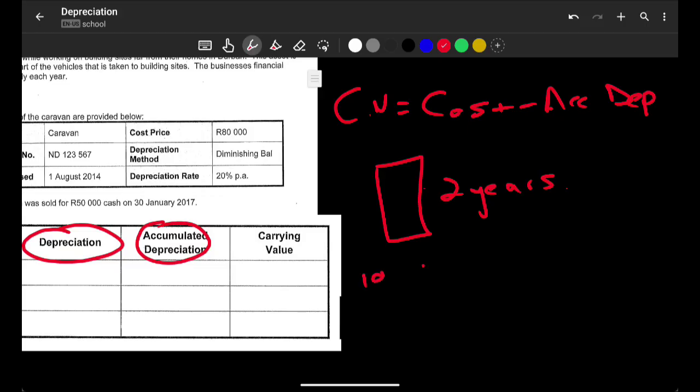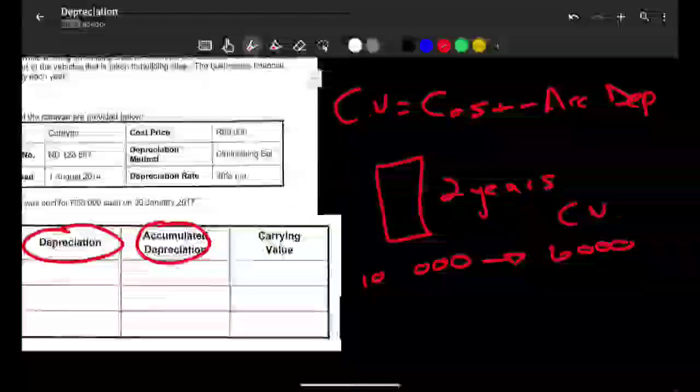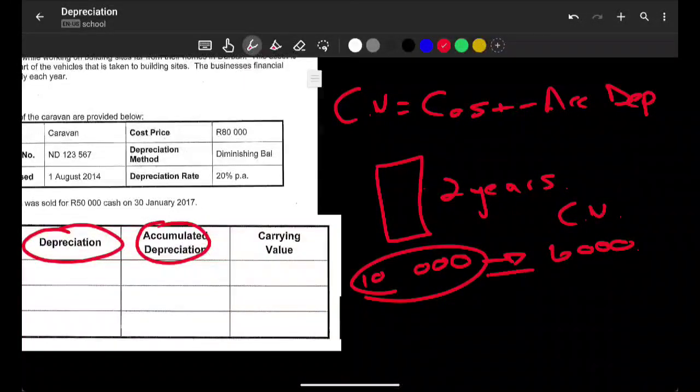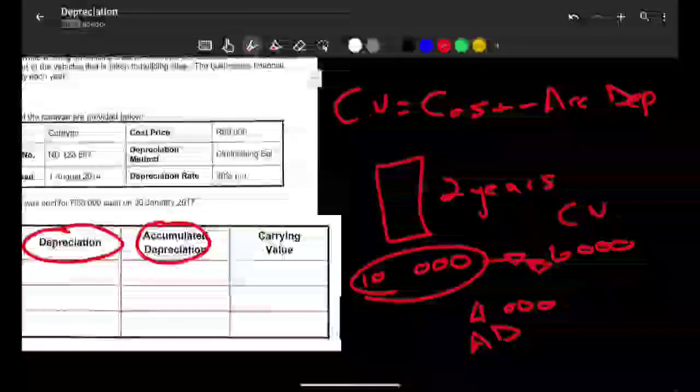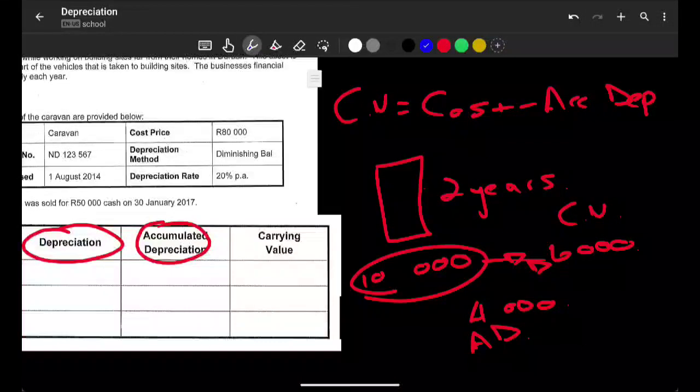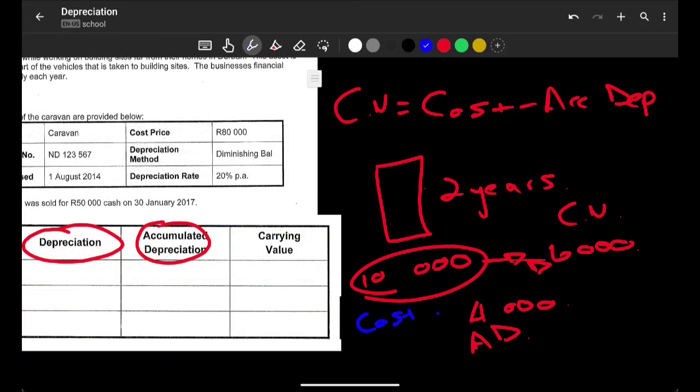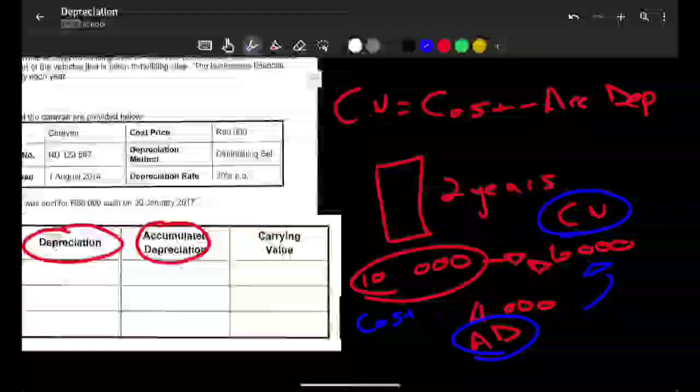So if you bought it for 10,000, you're not going to sell it for 10,000. You're going to sell it for, say, 6,000. That is what you think is fair, and we would consider this the carrying value. So from this 10,000 to go to the 6,000, we would say that you accumulated depreciation of 4,000. You get me? So it was cost minus accumulated depreciation gives us carrying value, right?